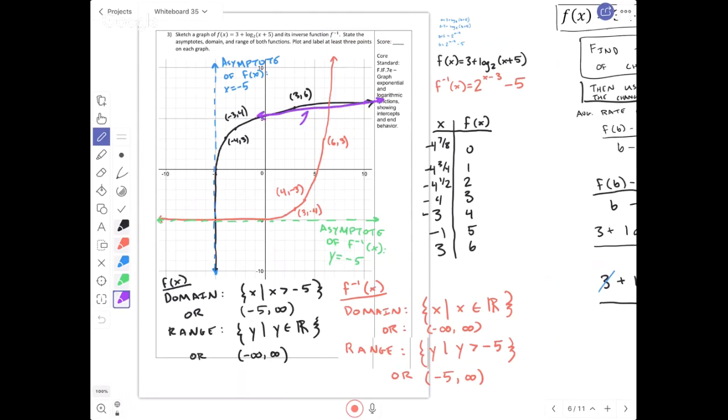The slope of that line, m, equals 0.14. M equals 0.14. Sweet.